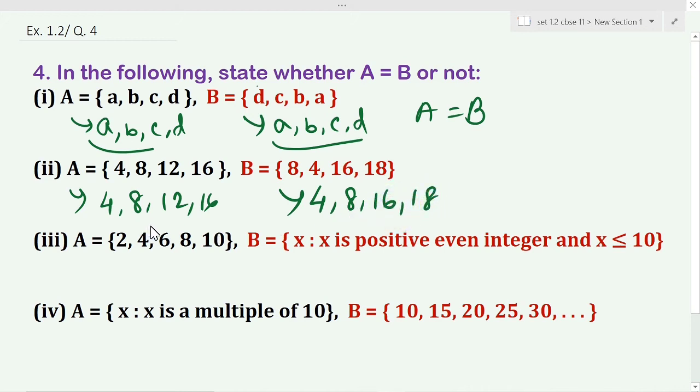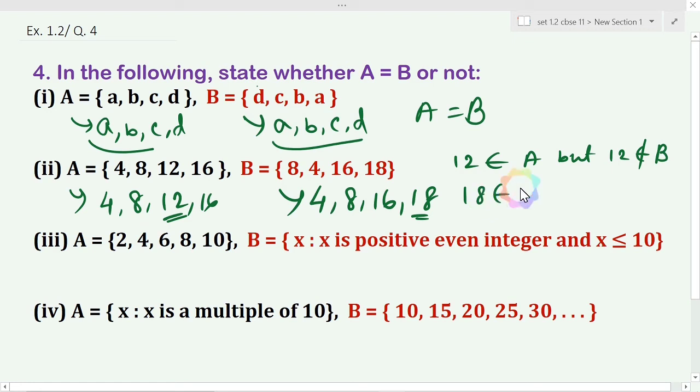Now 12 which belongs to A does not belong to B, and 18 which belongs to B does not belong to A. So A is not equal to B in this case.